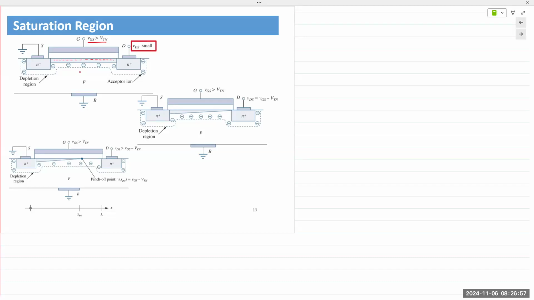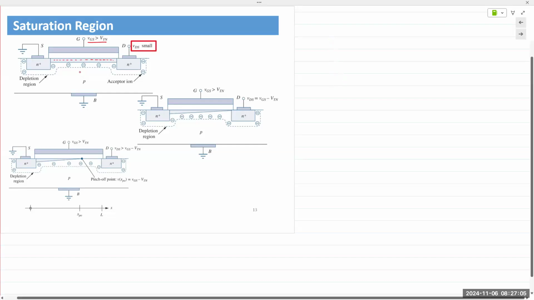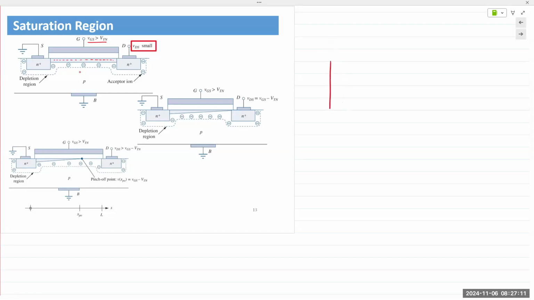At some point, actually, before we get to that point, let me recreate it in a slightly different version.